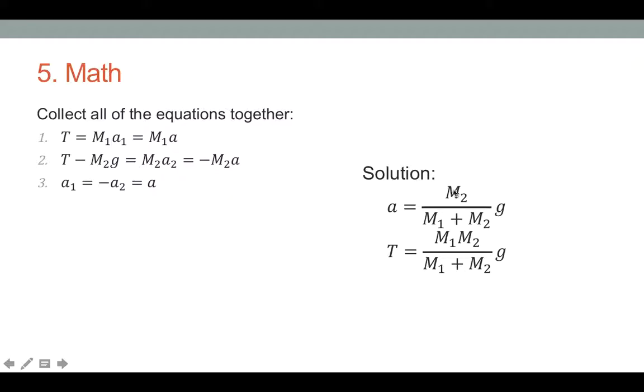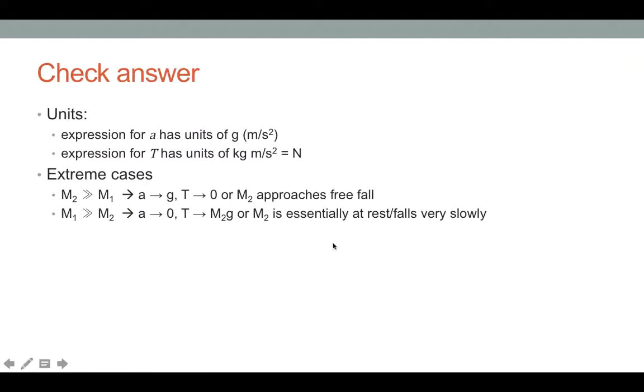So this fraction will essentially be m2 divided by m2, which will cancel out. The acceleration will approach g. The tension, again, here we'll have m2 plus a very small number, so that'll essentially be m2. These two m2s again will cancel out, and the tension will be the small m1 times g, which will be a very small number, or the tension will be very small. So that, again, checks out.